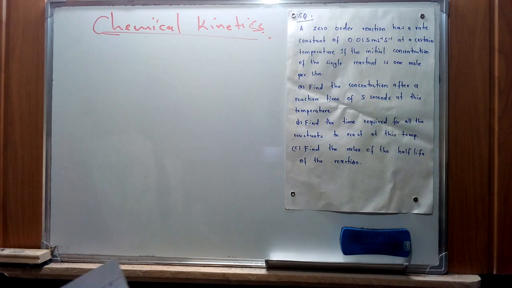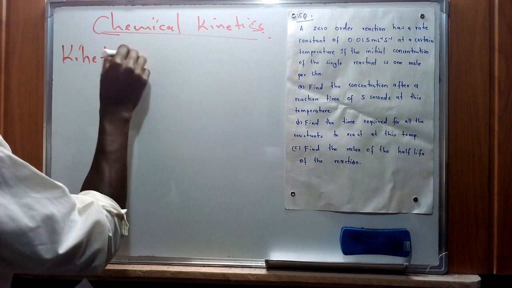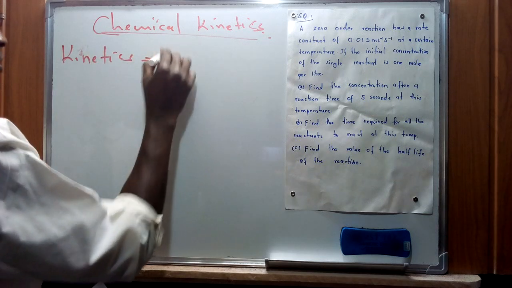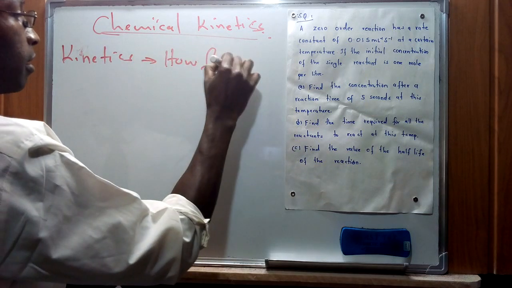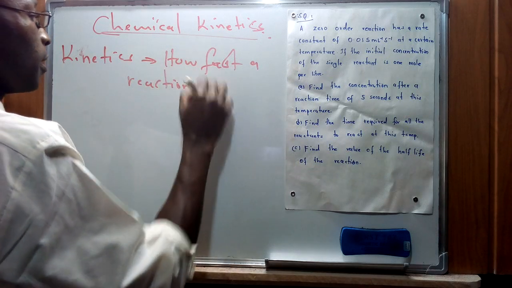So in this case, we're going to look at what a zero order reaction is. And we said from the concept of chemical kinetics that the term chemical kinetics, or kinetics, helps us answer the question of how fast a reaction proceeds.